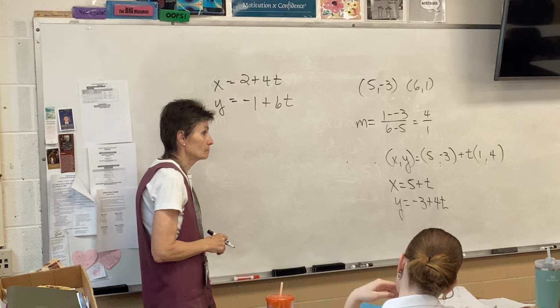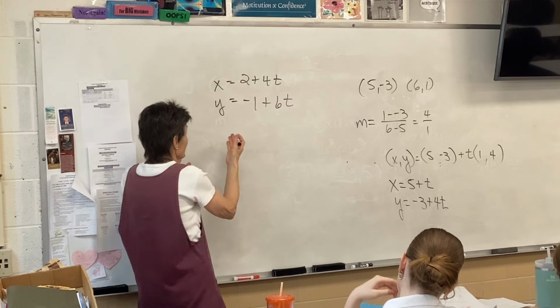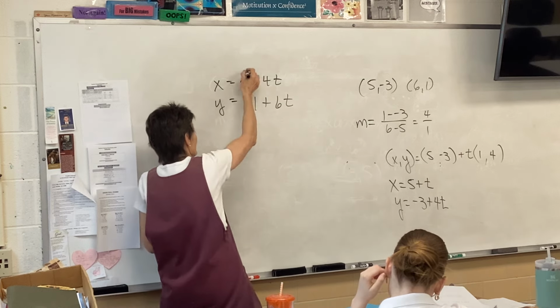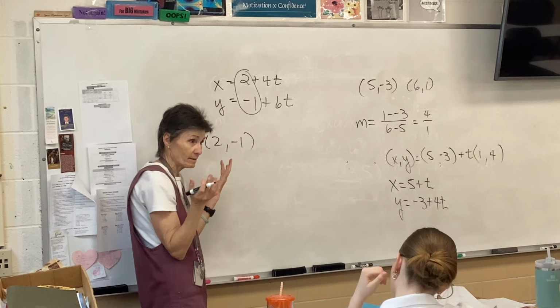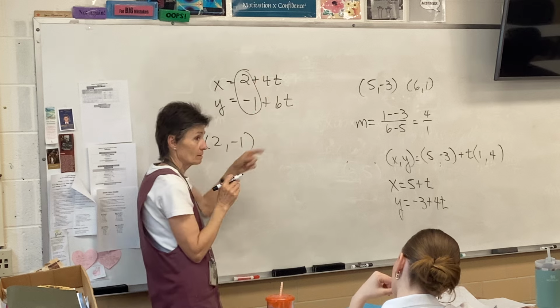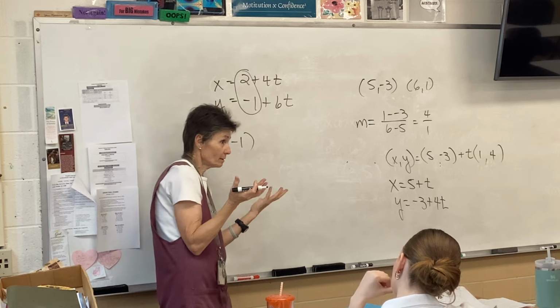First, I know that one of the points is 2. Okay, so Jordan says, I can tell by my knowledge of parametric equations that this right here is one of the points on the line. What's this right here? The rate of change, which is slope, right?